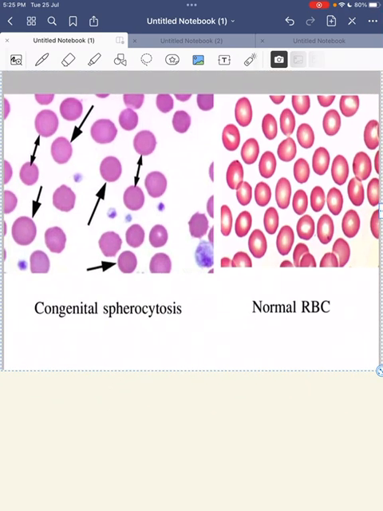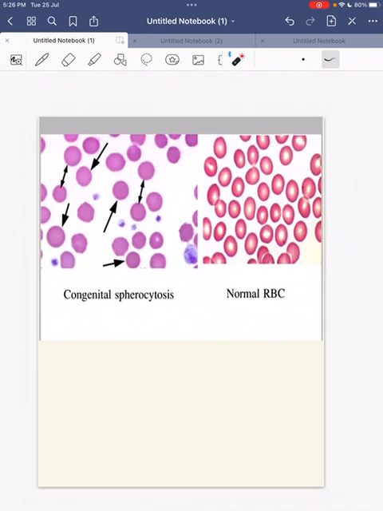This is a normal RBC. In a normal RBC, a central pallor will be present, while in spherocytosis this central pallor will be absent. This is due to the membrane defect. Normal RBCs have a biconcave shape. That biconcavity will be absent in children with hereditary spherocytosis.